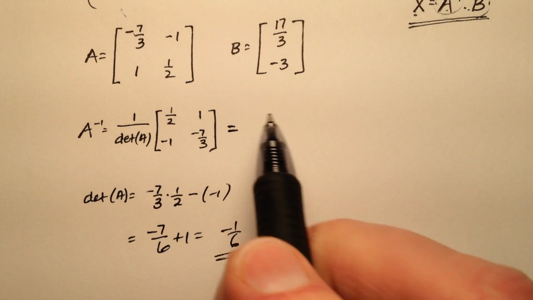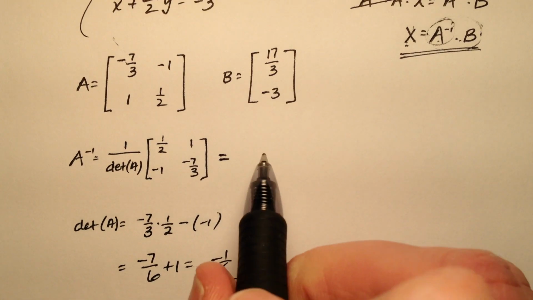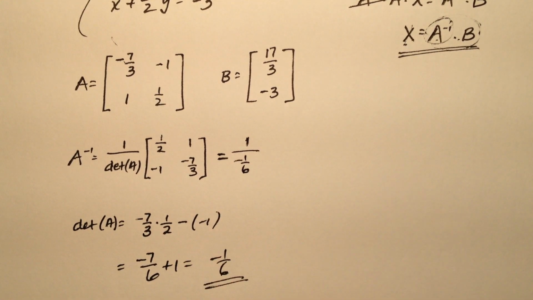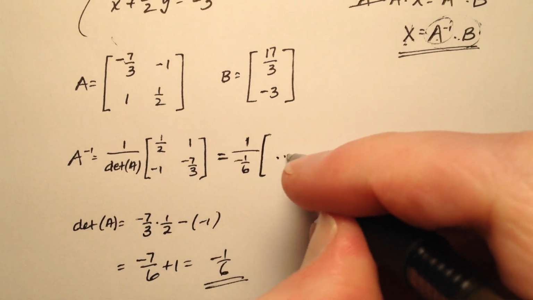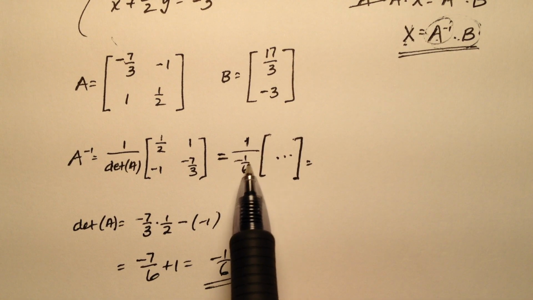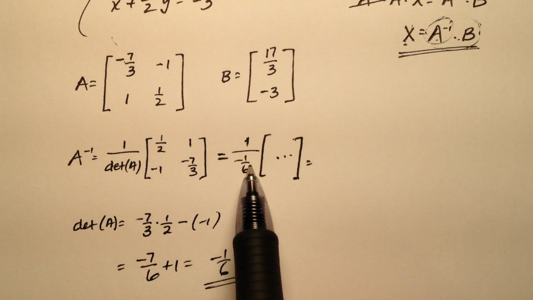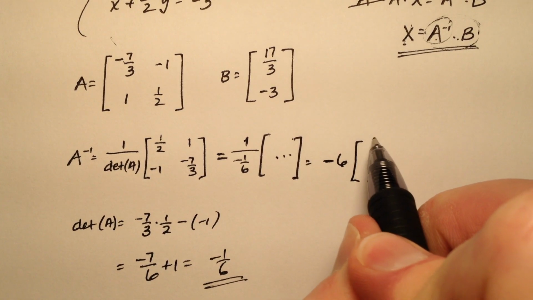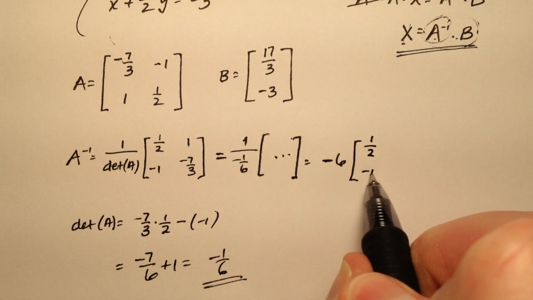Okay, so back up here, plug that into my formula, 1 over negative 1/6, and then times all that stuff. Really what I'm doing here, 1 over negative 1/6 is the reciprocal, so really this is just negative 6 being multiplied by all these entries in here.